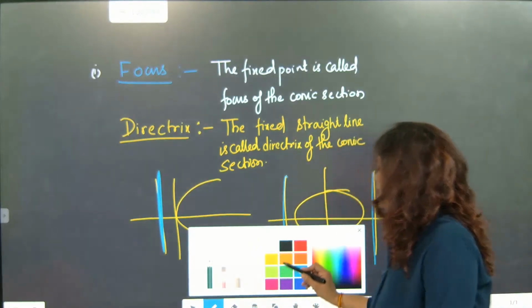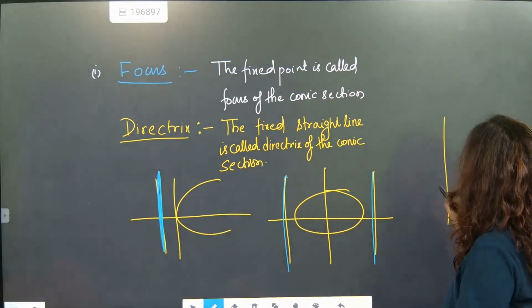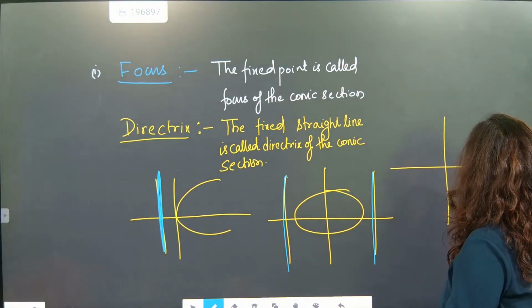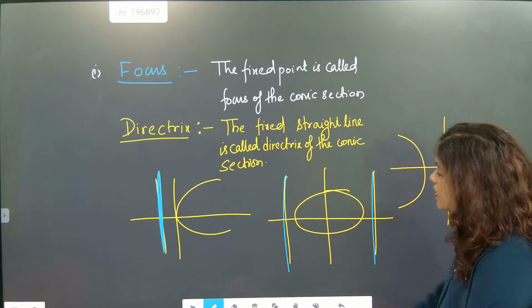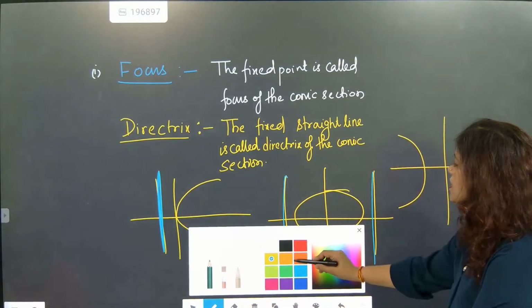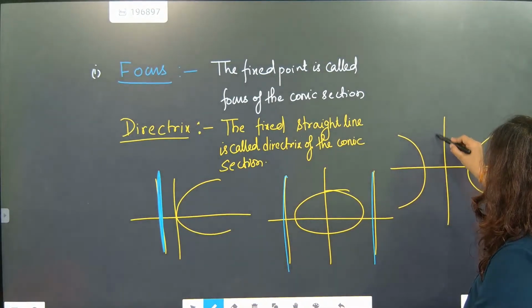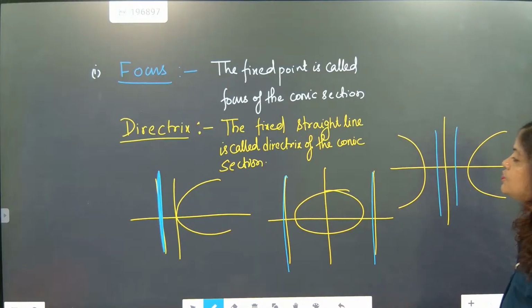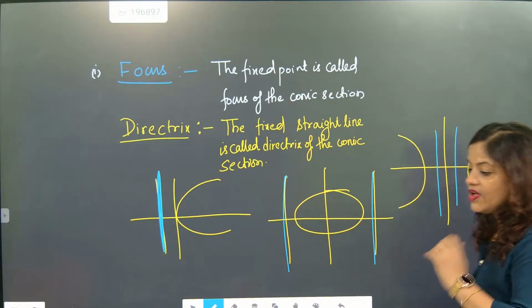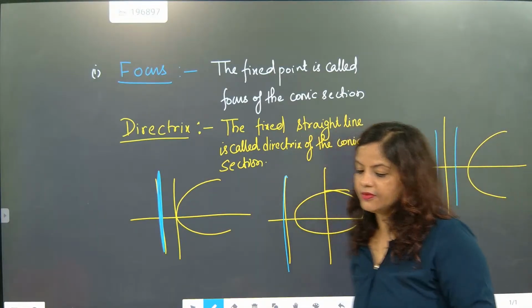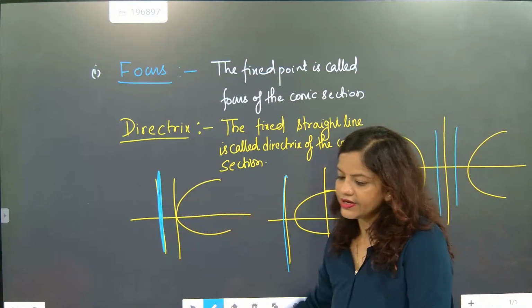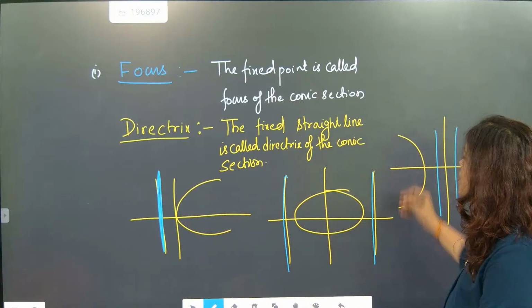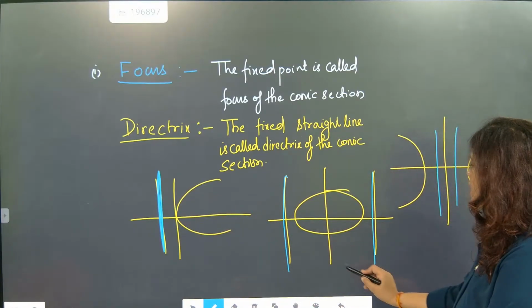Now next one. When you are drawing a hyperbola, where is the directrix? This is the hyperbola, and the directrix will be these two lines inside. Please draw this and note down where all the directrix lines are.